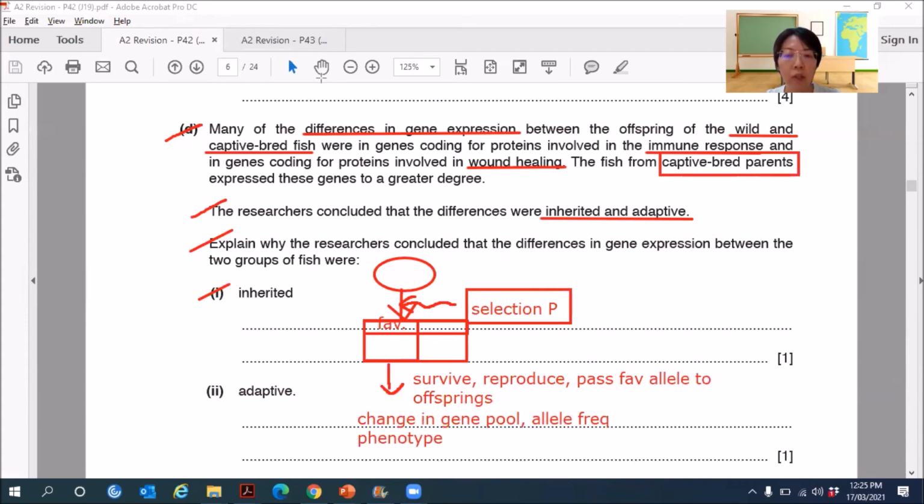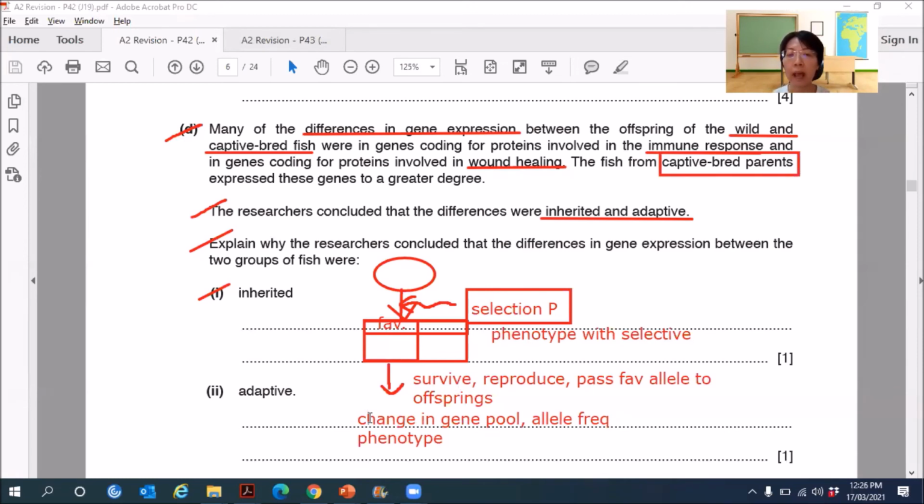You talk about the selection pressure, what is it? And therefore, what is the phenotype that has got selective advantage? Okay, so talk about the selection pressure, which phenotype has selective advantage, and therefore those parents with this phenotype will survive and reproduce. Okay, and therefore producing offspring which has got more offsprings with wound healing and better immune response. So that's the answer.